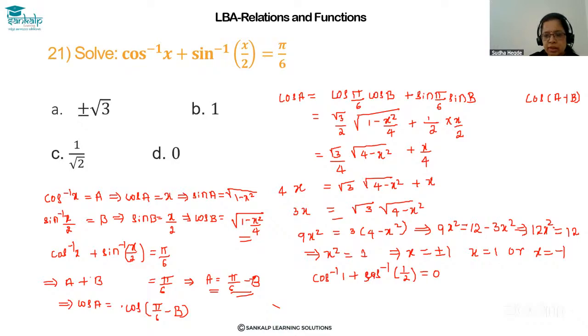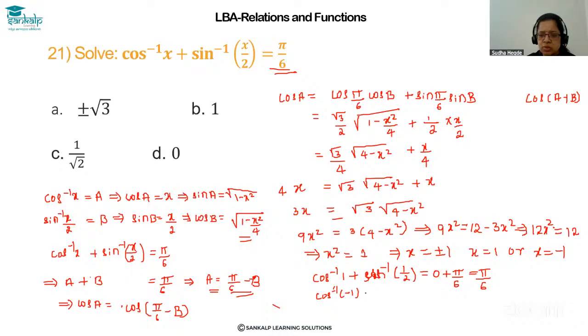It is 30 degrees, since sine 30 degrees is 1 by 2. Therefore, it is pi by 6. So, here in the expression also it is pi by 6. So, x equal to 1 satisfies the given equation. You can check the other value also. If it satisfies, you can take both values. Otherwise, you can take 1 as the answer.